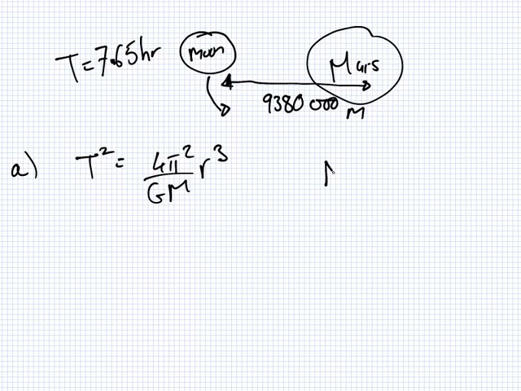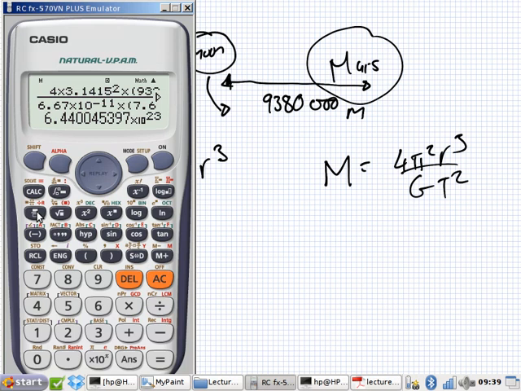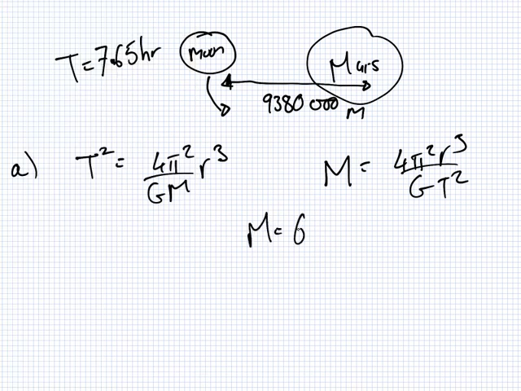So I can rewrite this as M equals 4 pi squared r cubed over G T squared. So 4 pi squared times r cubed, 9380000, over 6.67 times 10 to the power of minus 11 times T squared, 7.65 times 3600. So the mass of Mars is 6.44 times 10 to the 23 kilograms, yeah.